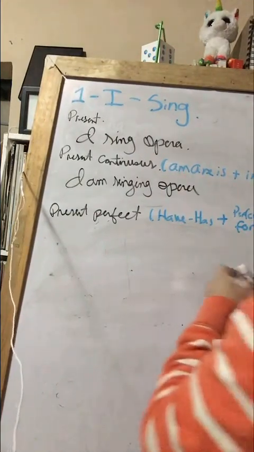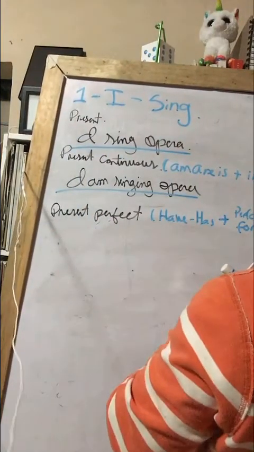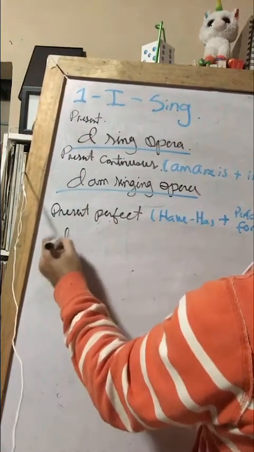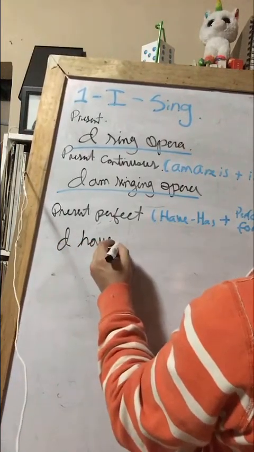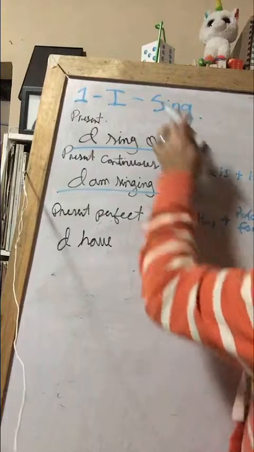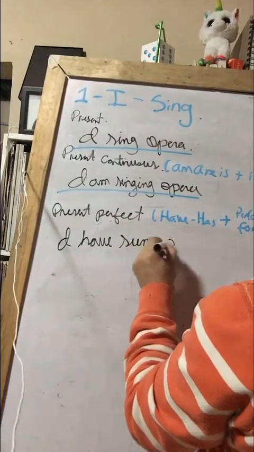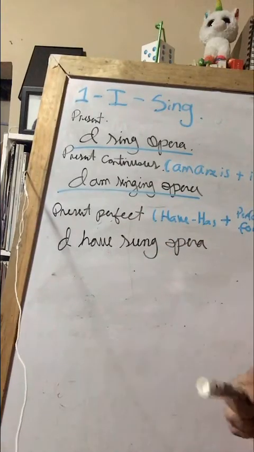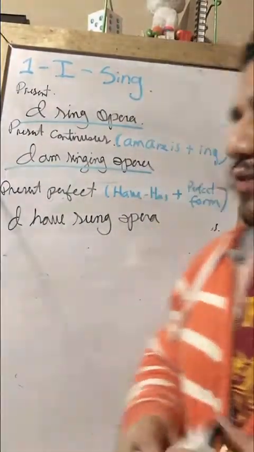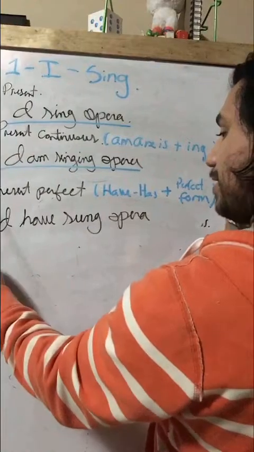So your sentence would be I have, then the perfect form of sing is sung. I have sung opera. I hope that I'm correct, because I don't have my computer at hand, it's going to be a messy class. I have sung opera.